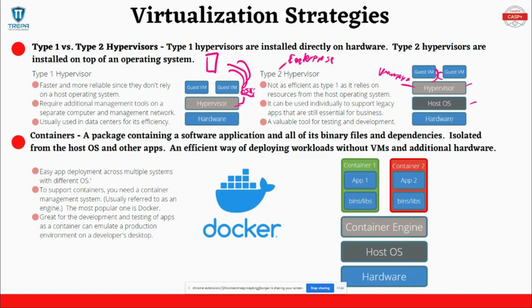An example of a container engine is something like Docker, which gets installed on the host OS, and then that container engine can run multiple different applications with all the necessary libraries and dependencies, making the rapid deployment of applications viable for your enterprise.